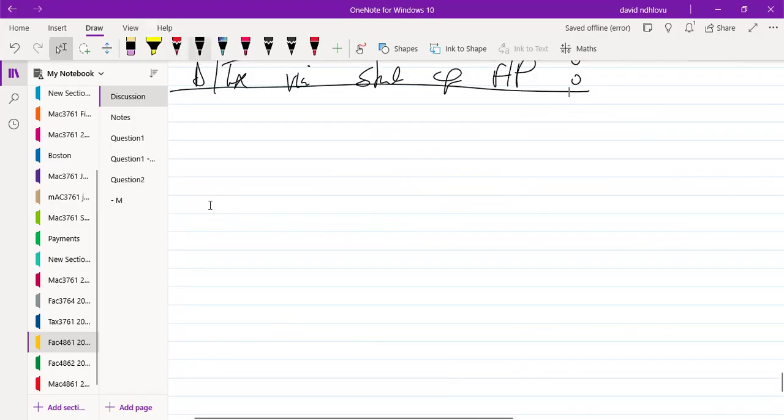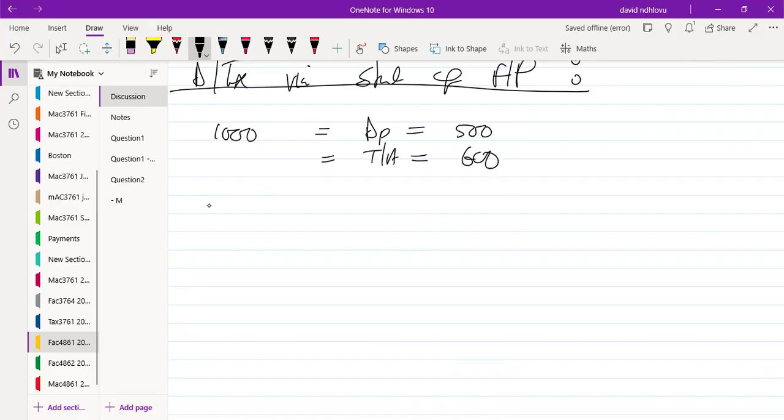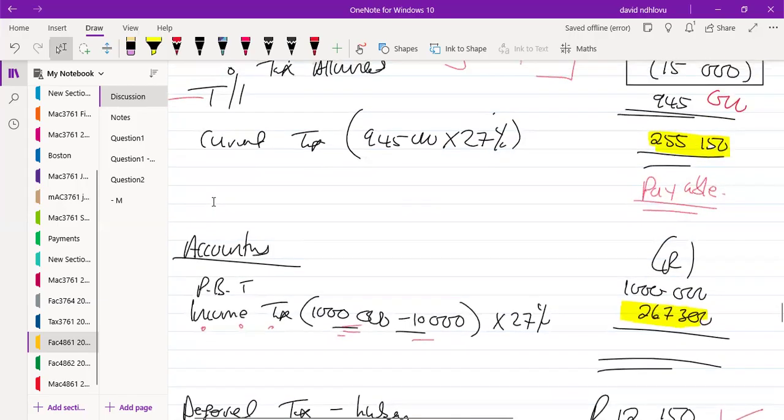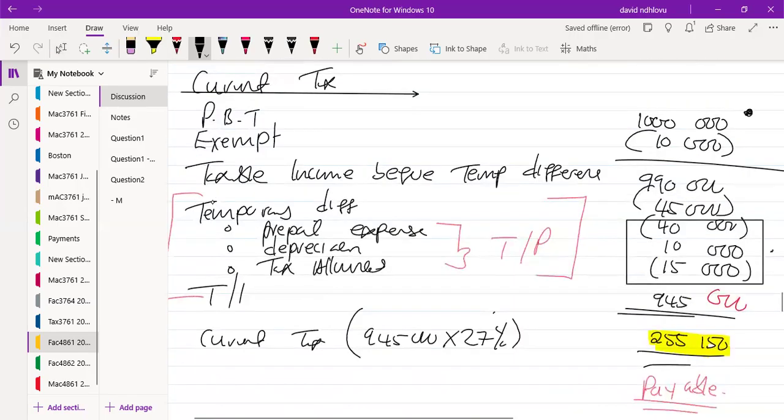So if I have an asset that I buy for 1,000 and then depreciation is 500 rand, and then the tax allowances are 600 rand. Now, between these two, there is a temporary difference of 100 rand. It can be captured the way that I showed here, but this is just for learning purposes.